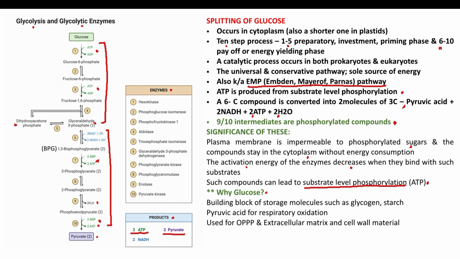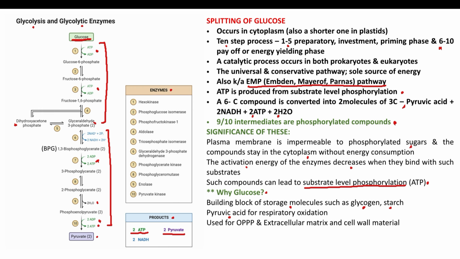Glucose is an important molecule. As we know, glucose is used up in formation of storage molecules like glycogen, starch. It is also giving you pyruvate or pyruvic acid, which is the energy molecule that, when processed in aerobic respiration, gives you a high number of ATP.